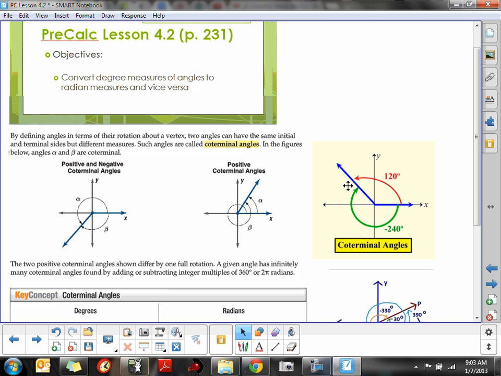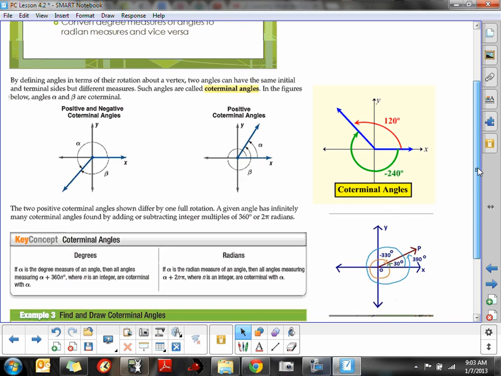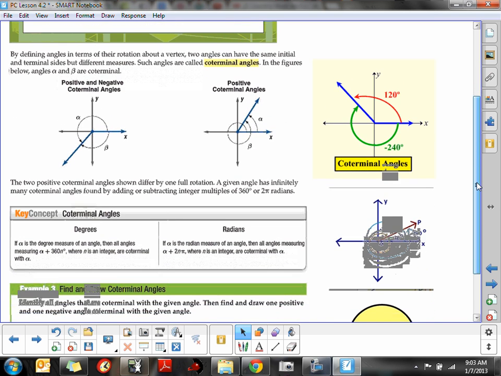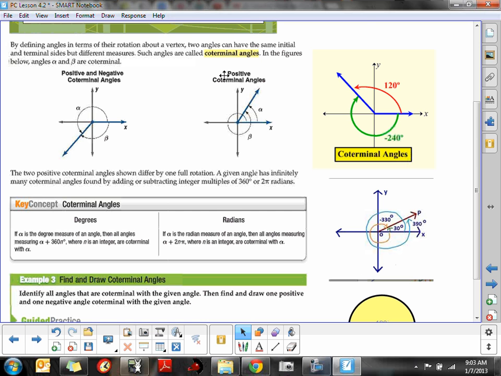So there are two different ways that we can name coterminal angles, using both positive and negative angle measurements. There's another way to get coterminal angles, and that is by using only positive or only negative. Typically, we'll use only positive angles, and that means we wrap around our axis one full rotation. In their picture, the initial side is on the x-axis in standard position, and we rotate an angle of alpha to our terminal side.